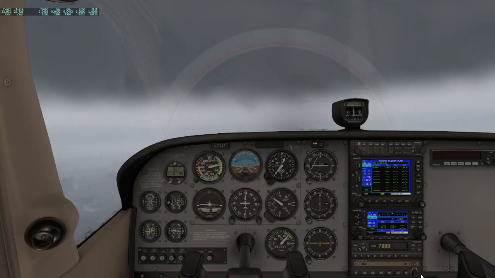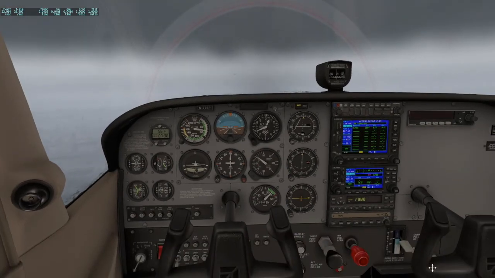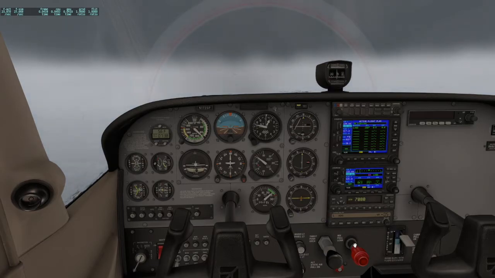Now the aircraft is climbing at 500 feet per minute and maintaining the heading. I'm then going to retract the flaps. Okay, and once I'm at 1,000 feet, I'm going to turn south, and then we're going to start doing some interceptions and the steps that we've discussed earlier.